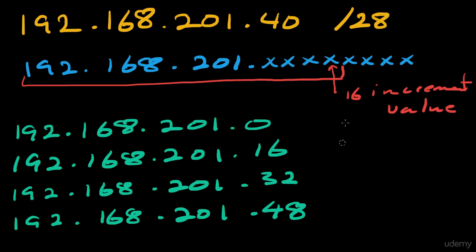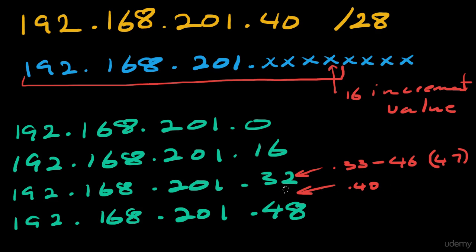I'm going to stop right there because the number we're looking at is .40. .40 is right in between 32 and 48. Therefore, .40 is actually an IP address from the network ID .32. .32 has a range of values from .33 all the way to the next network ID, which is 48. 47 would be the directed broadcast of the 32 network. 46 would be the last valid IP address.